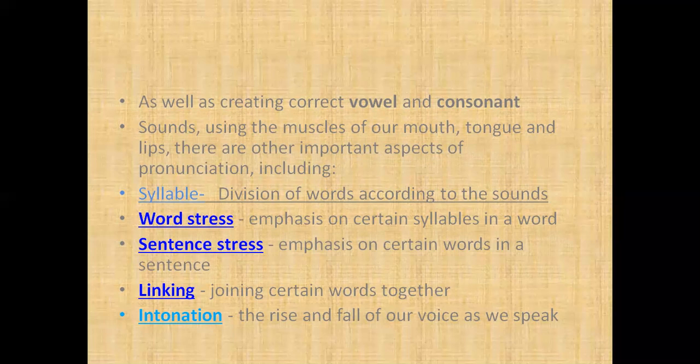These five aspects are very prominent when we learn about pronunciation. If you want to speak better English with good pronunciation, these five aspects are very important. One is syllable, second is word stress, third is sentence stress, fourth is linking, and fifth is intonation.